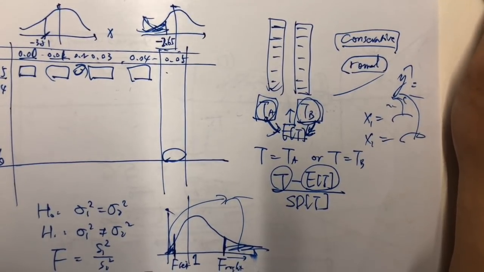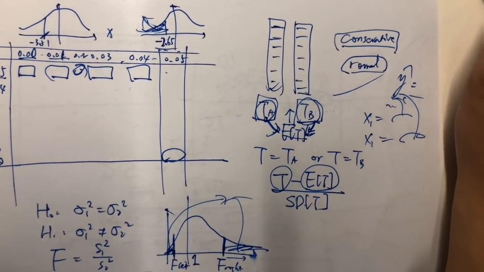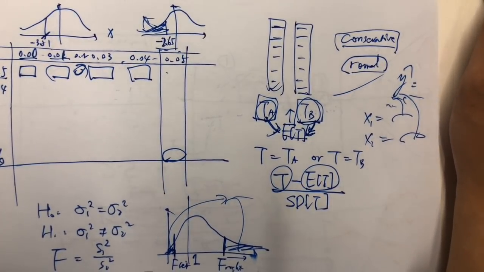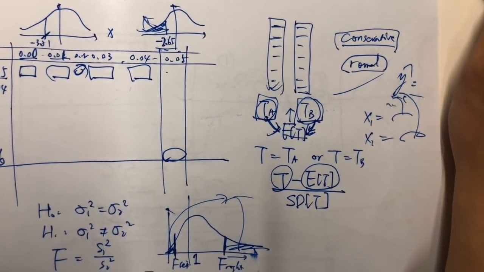Ah, there it is. So, yes, but I don't think you'll be asked to calculate that. But you need to know which one is wider and which one is narrower, right? For confidence interval and prediction interval.